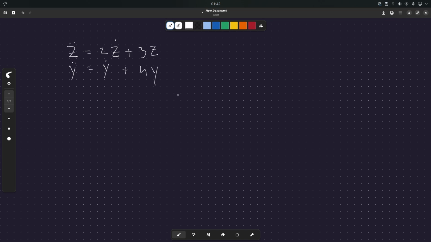So what we want to do is find some form x dot equals A x, which we can do because these are two linear equations, so we can write them as one linear system. And this x dot already becomes what is on the left-hand side.